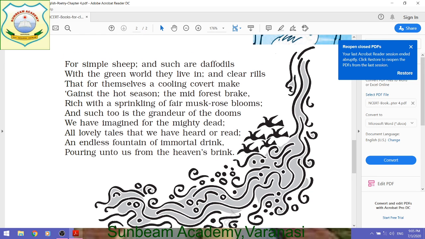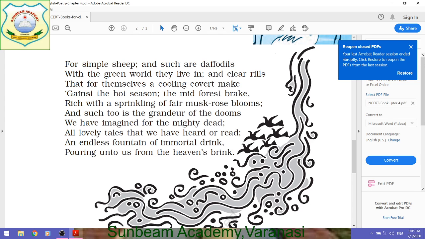Not only the remaining part of the poem, definitely we will study that, and after that we will also revise the main points of the poem.